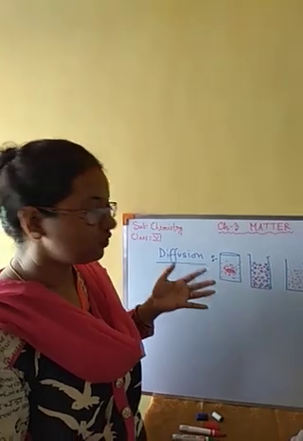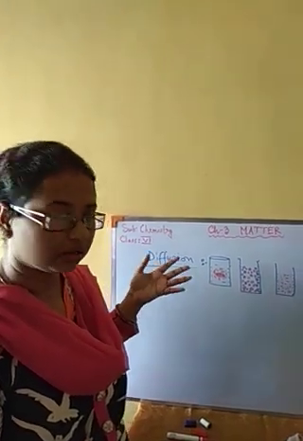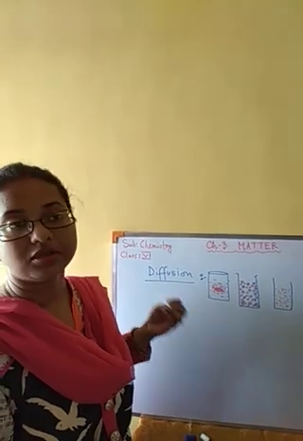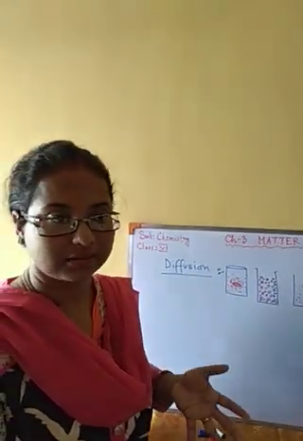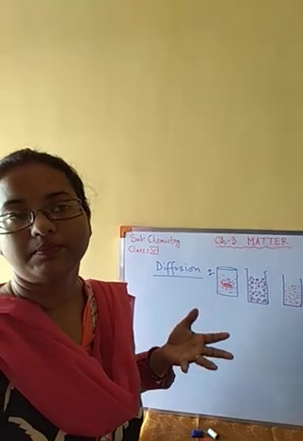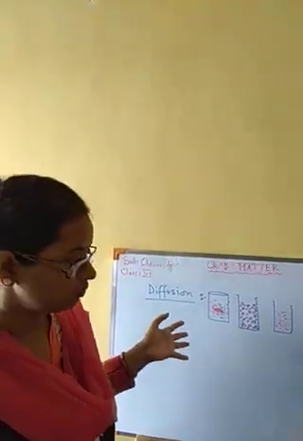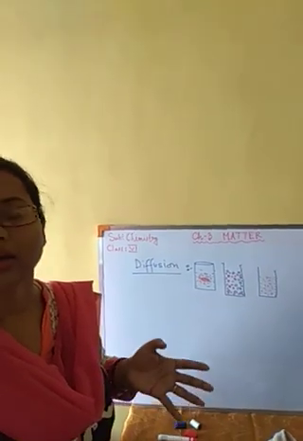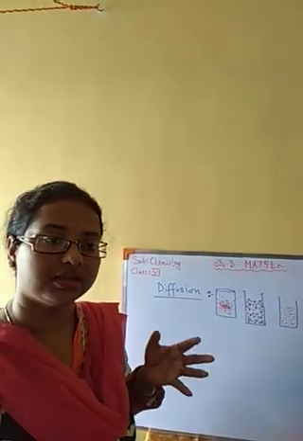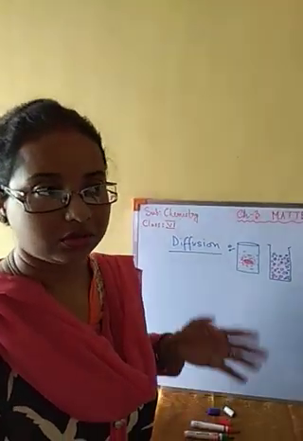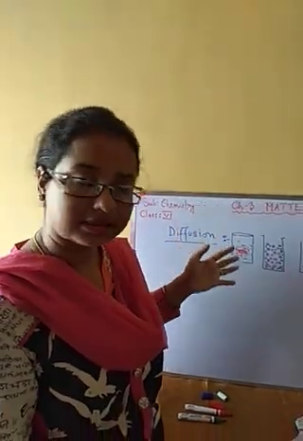Because of diffusion only, as the molecules of the perfume will get intermixed with the molecules of air, it will get diffused all over in the room, and we can smell the fragrance from any corner of the room. So this is an example of diffusion.